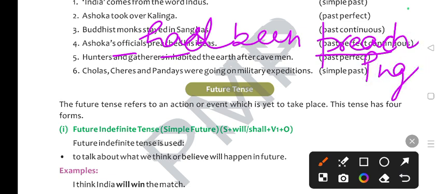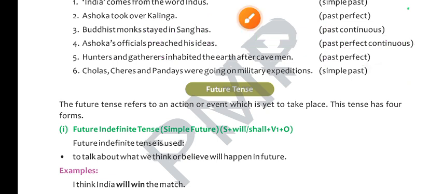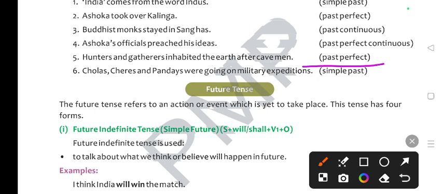Okay. Now the next is hunters and gatherers inhabited. So what are we supposed to do with this? This is past perfect tense. So we will put here had inhabited, right? Had inhabited the earth after cavemen.